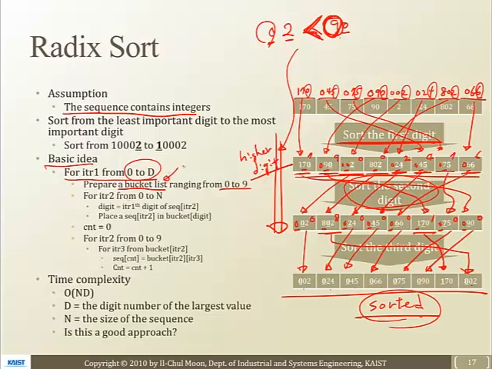A bucket list means that small array, and we put these values in order. For example, we have bucket 0, bucket 1, bucket 2, and bucket 3, like this. And then if we are looking at the first digit, 170 has the 0 value, right? So we are going to add 170.